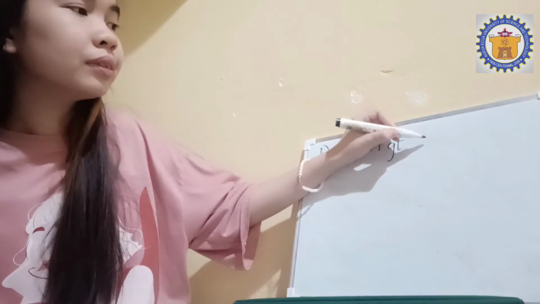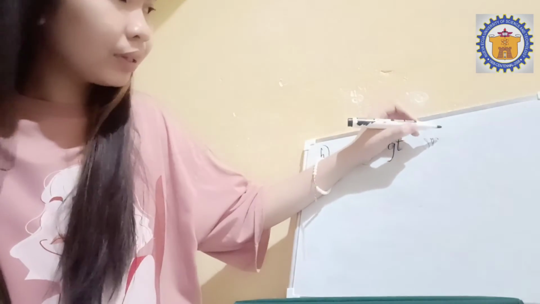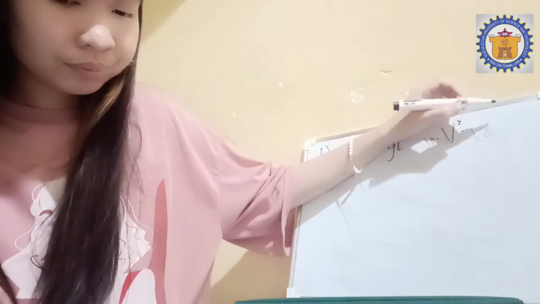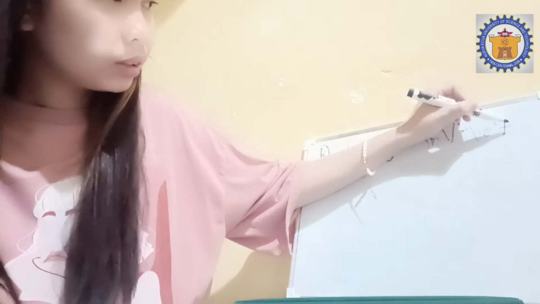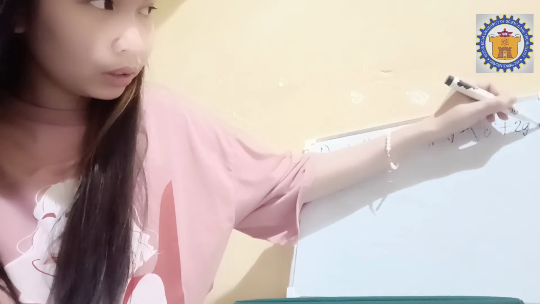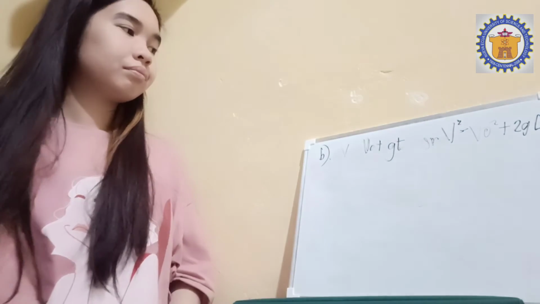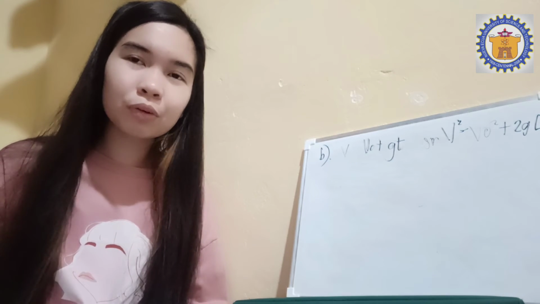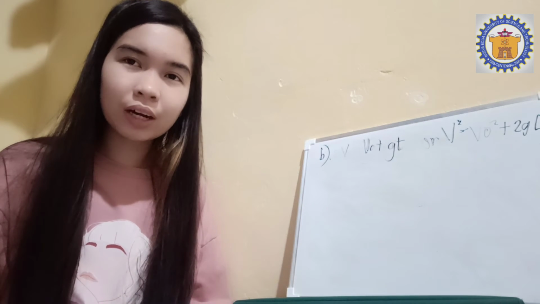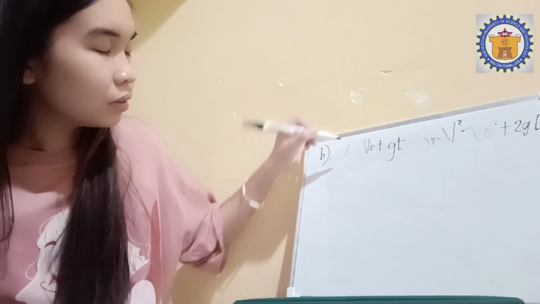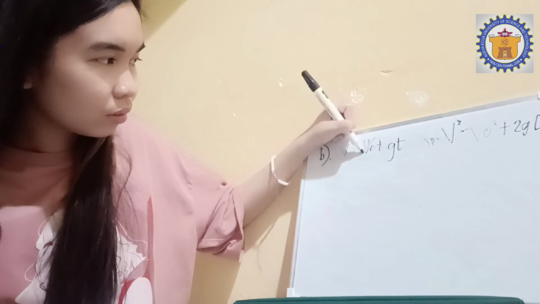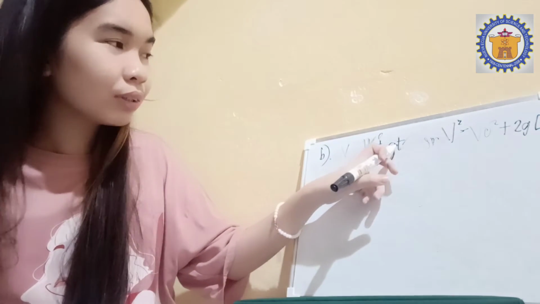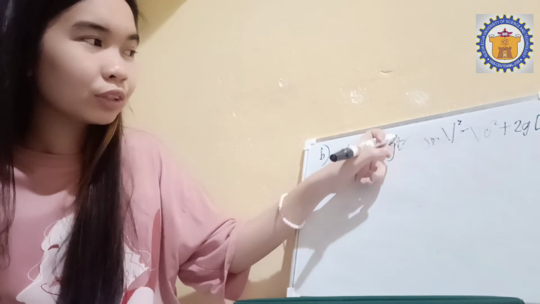Or, since dalawa nga, pwede din v squared is equals to v sub 0 squared plus 2g delta y. Unahin muna natin yung first formula, and tingnan natin kung same answer yung makukuha natin even magkaibang formula yung gagamitin natin. Since yung value ni v sub 0 is 0, pwede na natin i-cancel to. And nakuha na natin si time kanina, which is answer sa letter A.